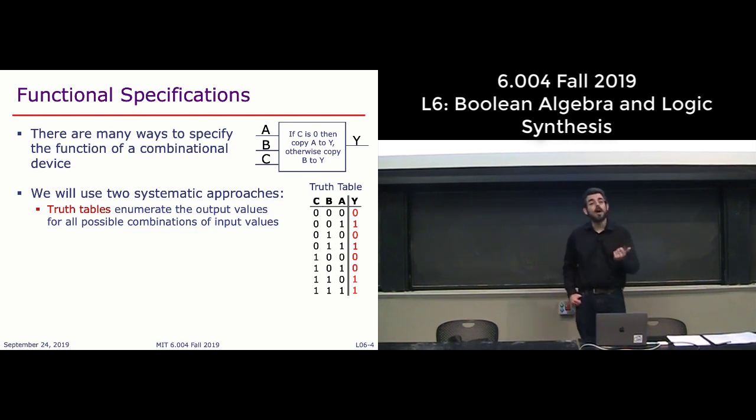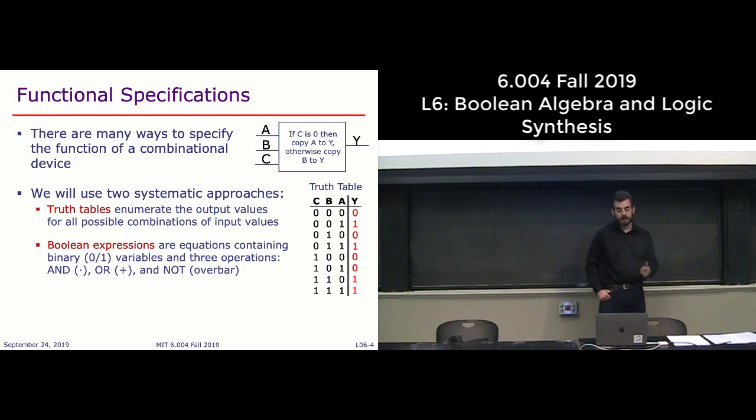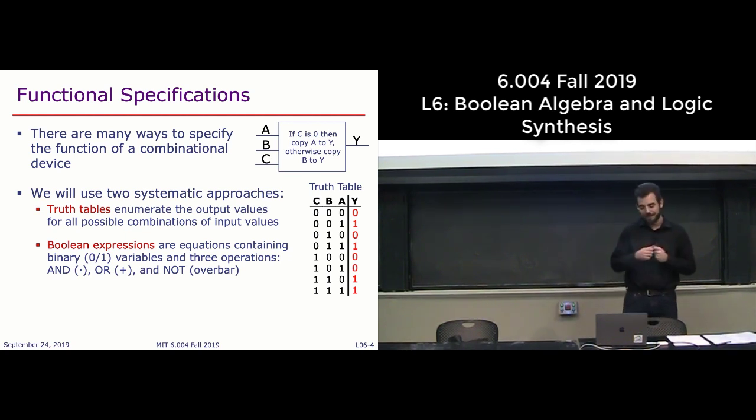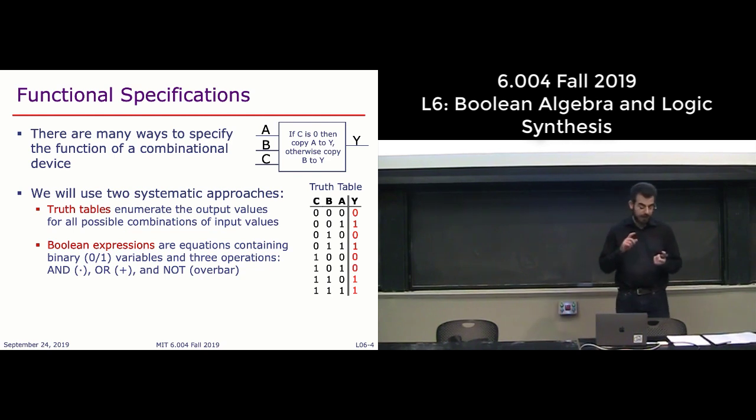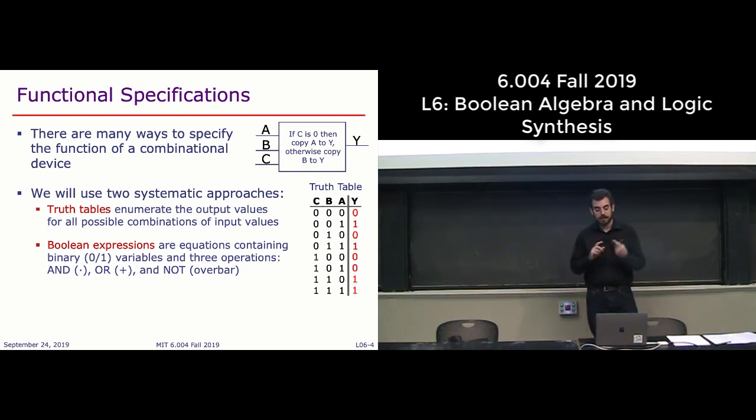So truth tables are one approach, but there's another more interesting approach, because it lets us manipulate the function and simplify the function more effectively, that we call Boolean expressions. And these are equations containing binary values, so 0 or 1 constants, and then variables that can be 0 or 1 as well, and 3 operations: and, or, and not.